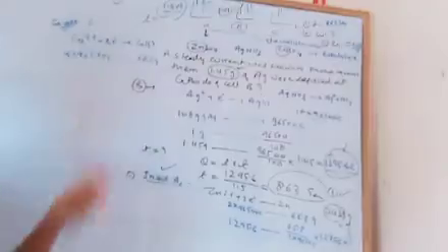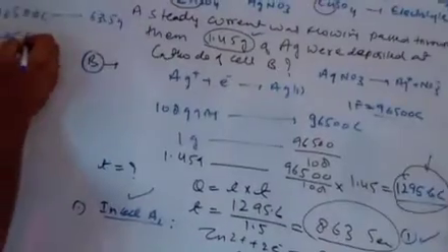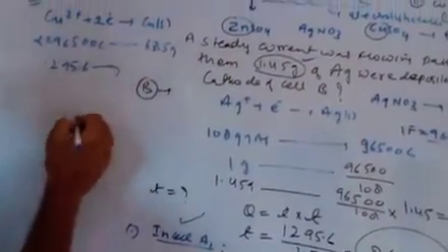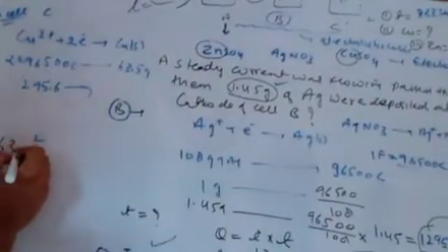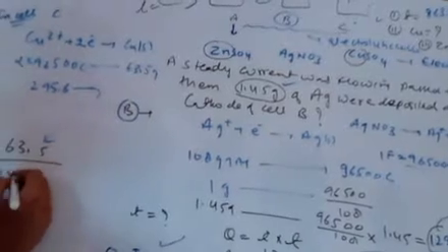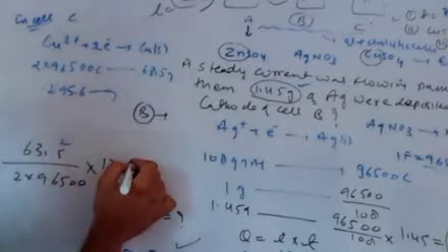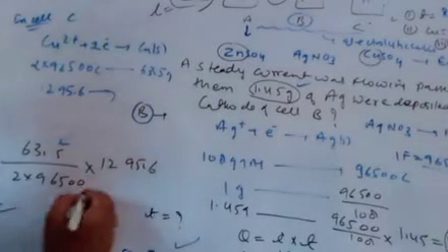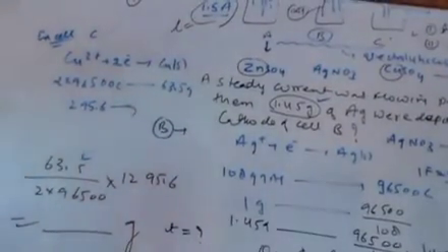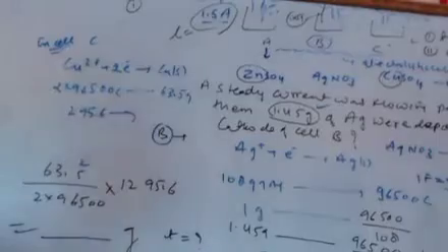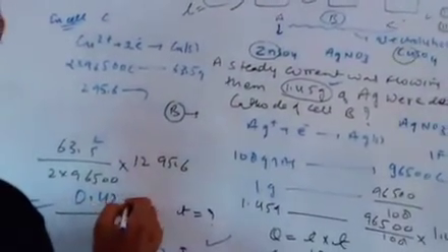Similarly, the charge is 1295.6, so 63.5 upon 2 into 96500 into 1295.6. After calculating the value, the answer will come 0.426 gram.